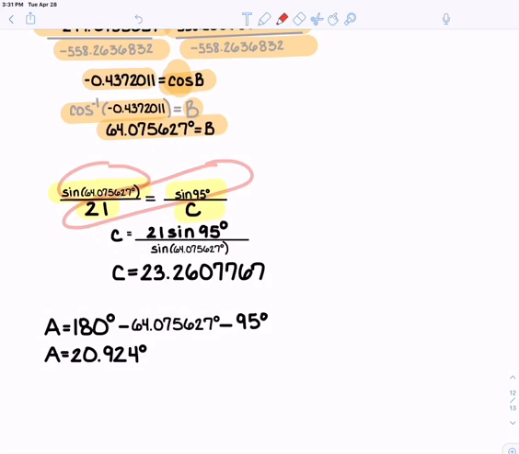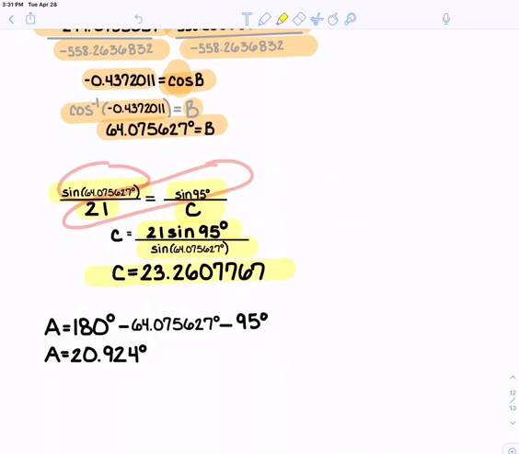I took 21 times sine of 95 divided by the sine of the 64.075627, and I end up getting the length of side length C.